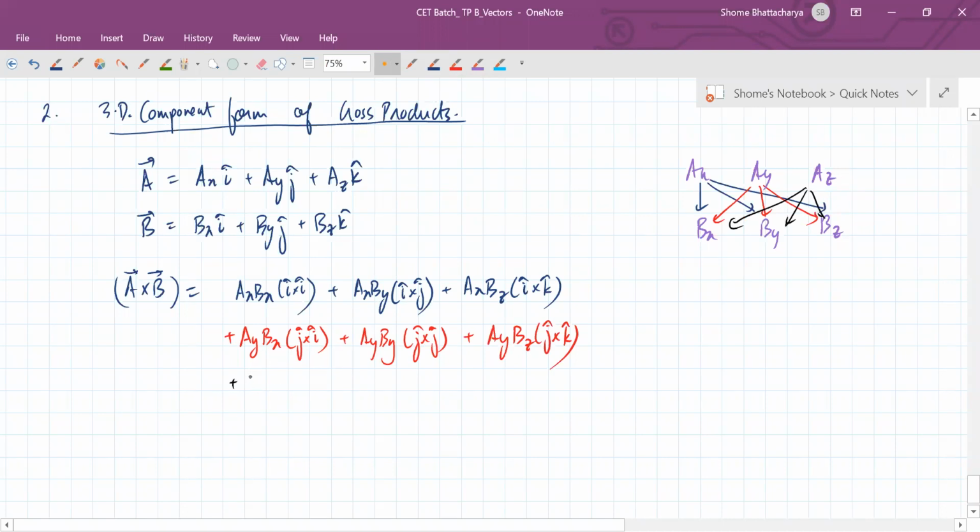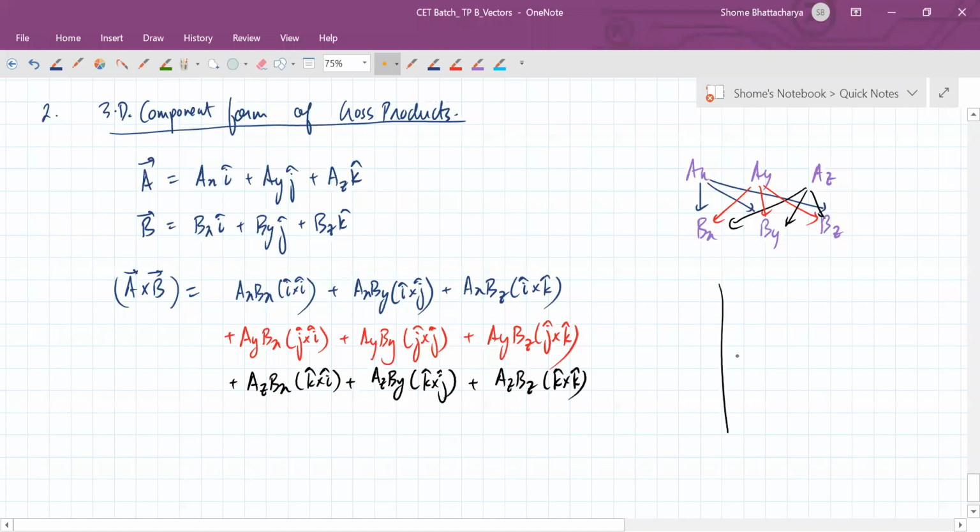So we'll have az bx k cross i, plus az by k cross j, plus az bz k cross k. Obviously this becomes very lengthy, so we have to make a shortcut formula for this, and we'll come to that formula very soon.